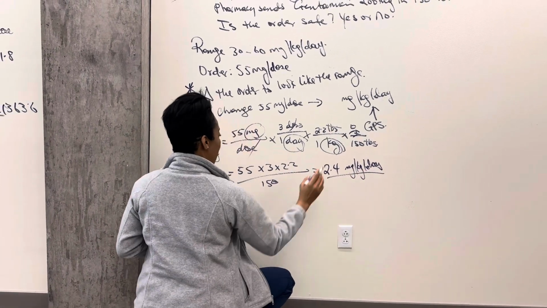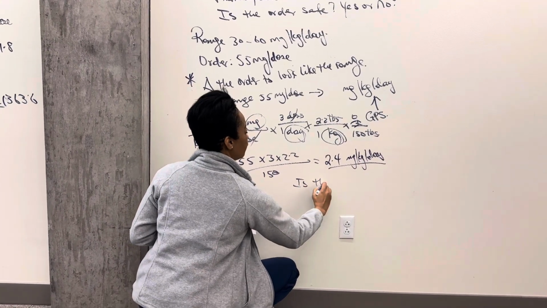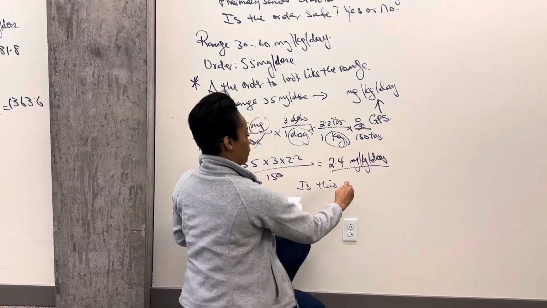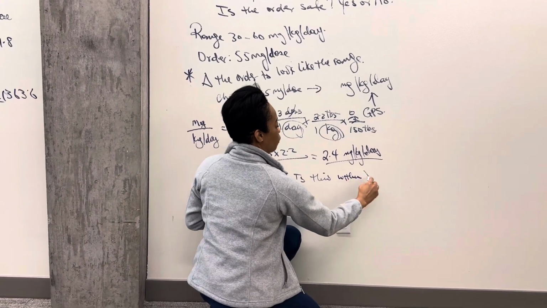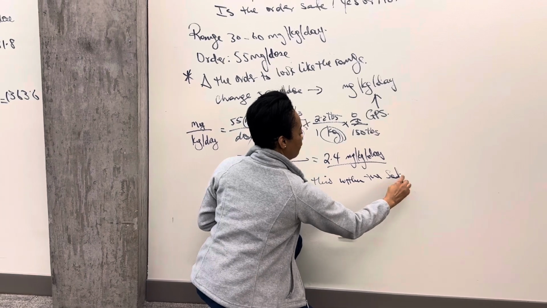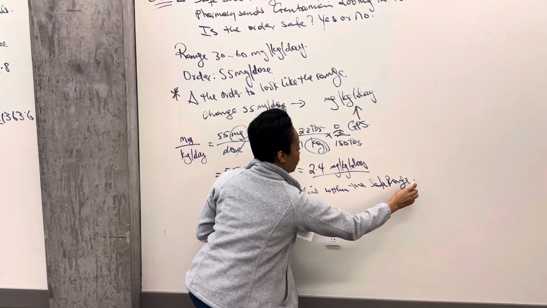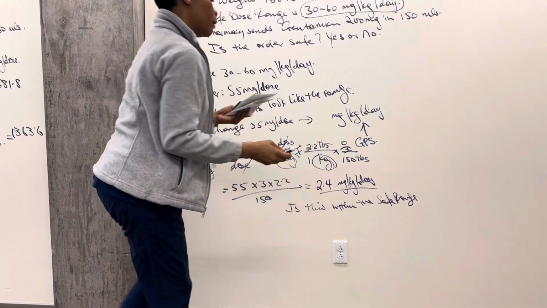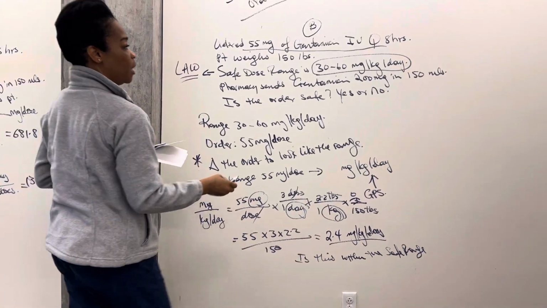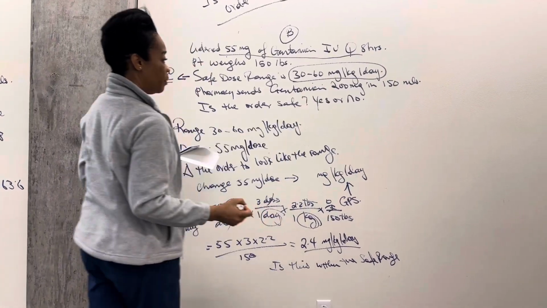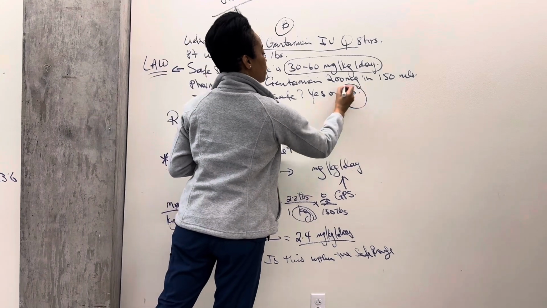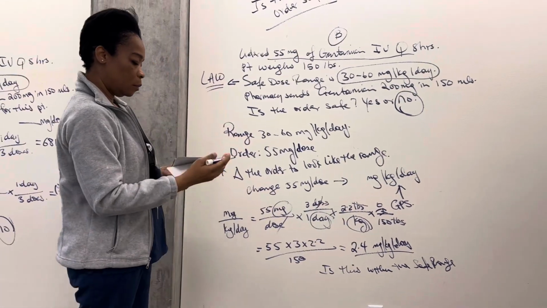Now you say, is this within the safe range? Is 2.4 milligrams per kilogram per day between 30 and 60 milligrams per kilogram per day? The answer is no.